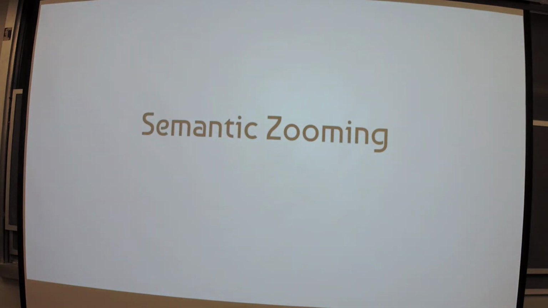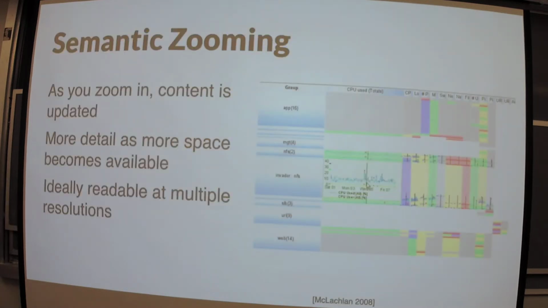Then we talked about semantic zooming. Semantic zooming is kind of a fancy version of zooming, where you interactively adapt the detail as you zoom in, so you reveal more about something that is abstracted in the zoomed out version.